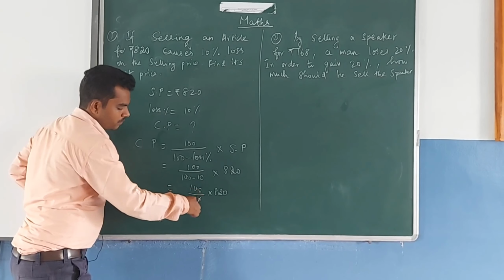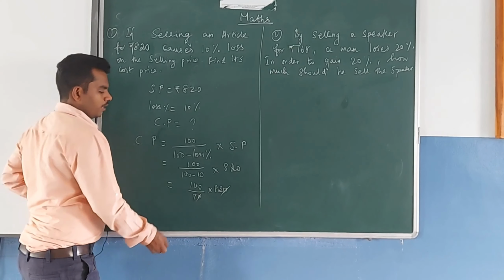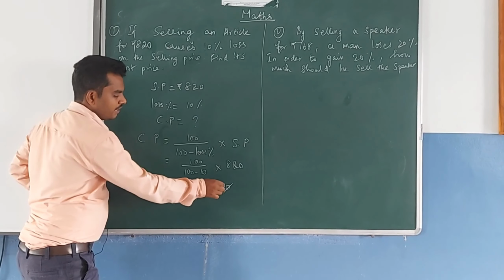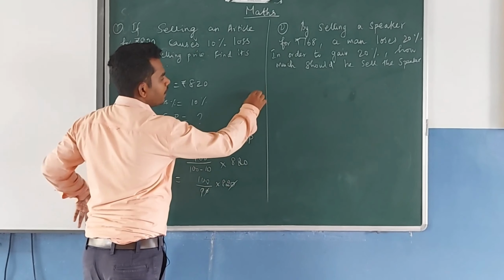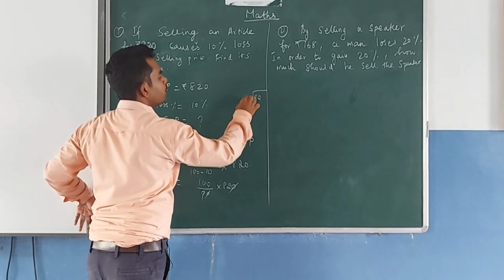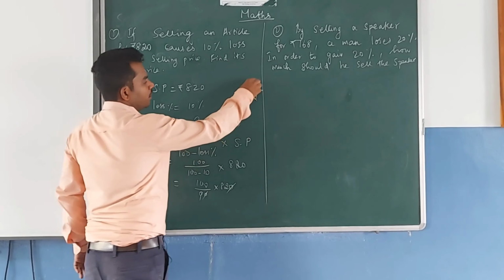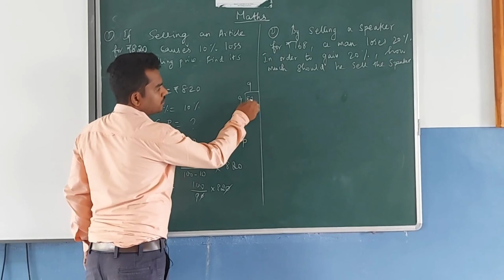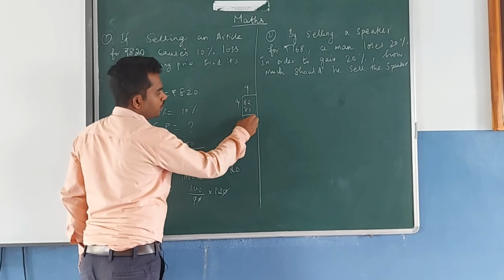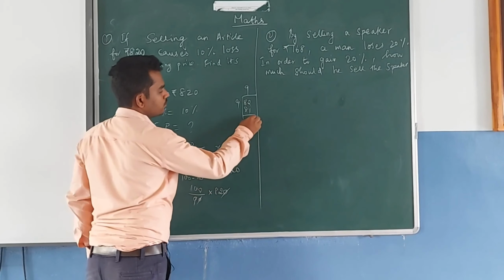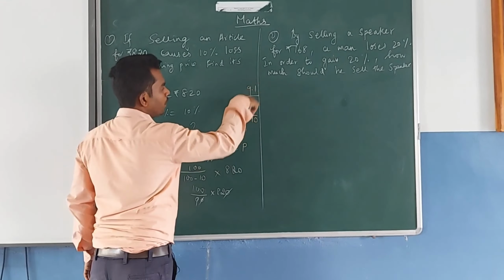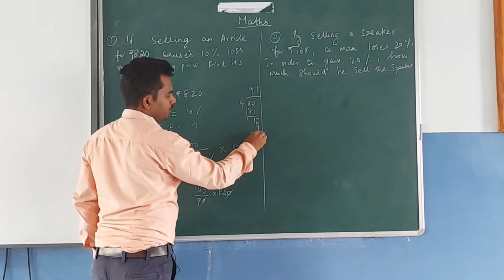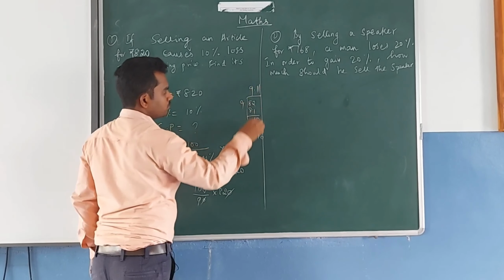So 10, 10 cancel. Here 9 is there, here 82. So divide 82 divided by 9. 9 9s are 81, 82 minus 81, remainder 1, 0, point, 1 9s are 9, again 1, 0.